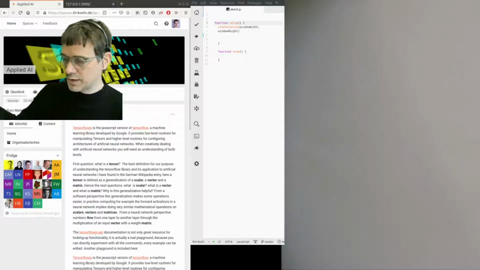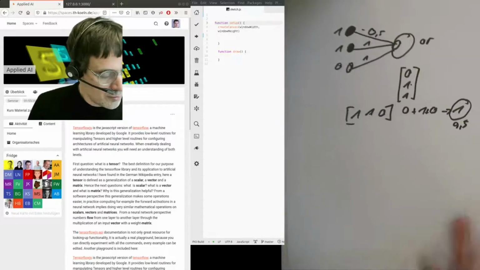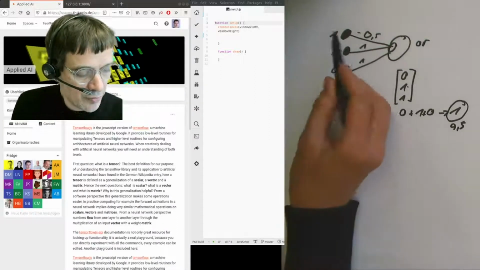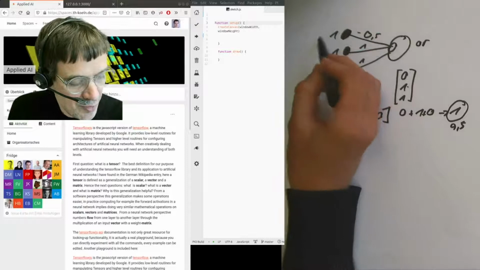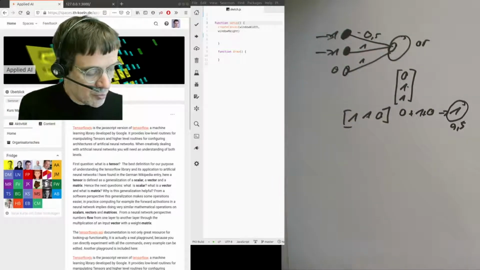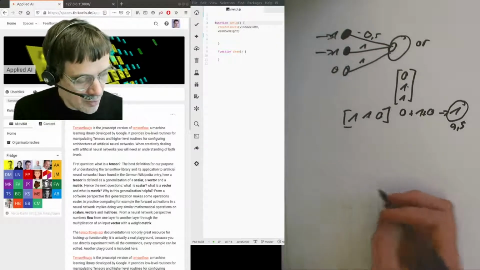I go back to this example here, where basically we did this computation for one specific combination of values. But actually, as we know, there is a truth table to be computed.